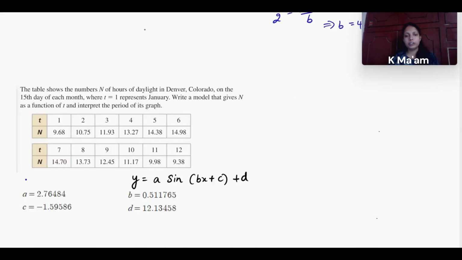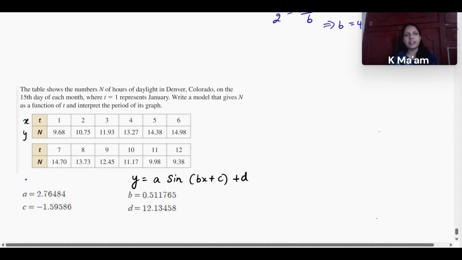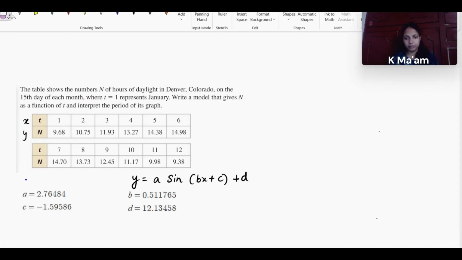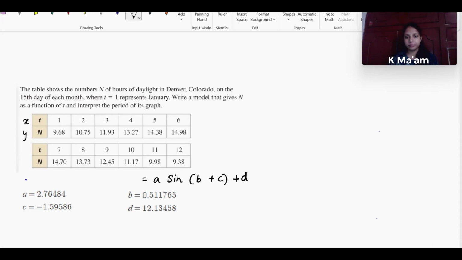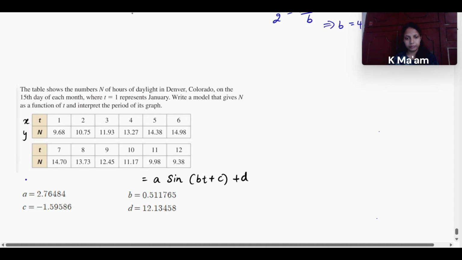This was the function and these are the values of a, b, c. Here they are considering x as t and y as n. We can replace y with n and x with t. Done. So now substitute.